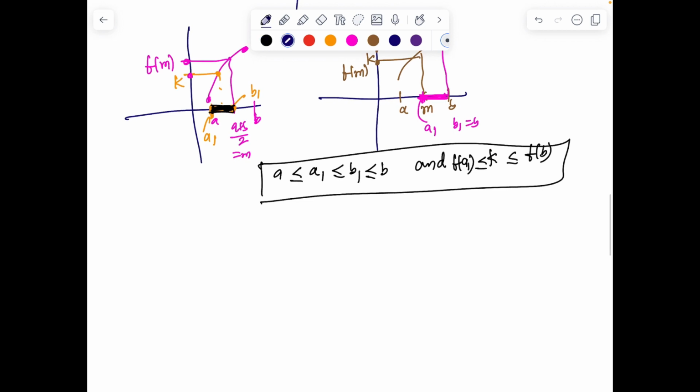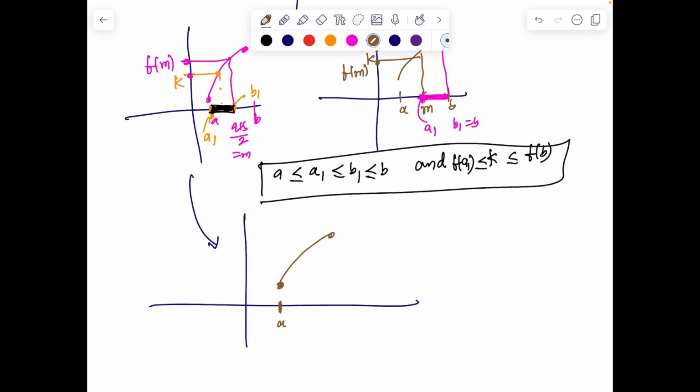So if I repeat the process, let's take suppose this diagram. Here we have already seen under this condition we have a point A and we have got midpoint M, and now we want to analyze it in A and M, where this is A1 and B1. K is the value which is lesser than f of M. Now from here I reiterate this again.